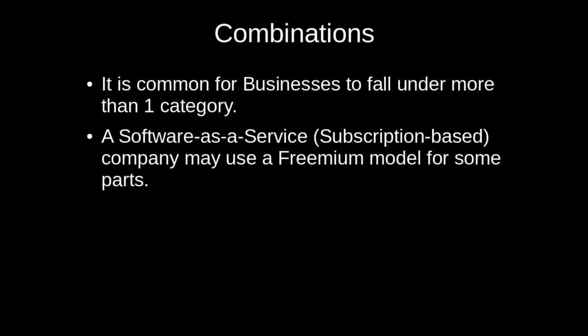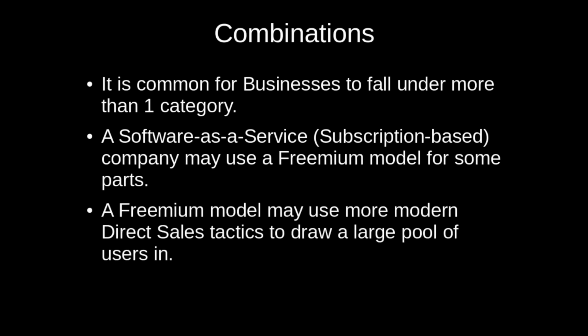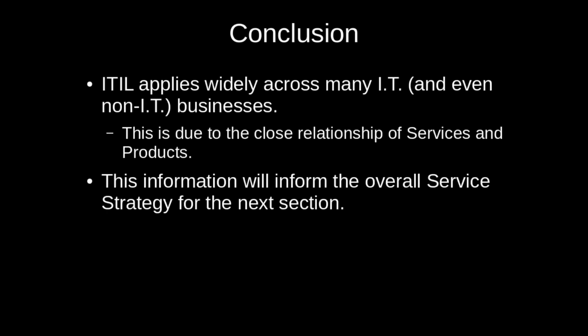So that would be a combination of a subscription based and a freemium model. And again, a freemium model may use more modern direct sales to go out and bring people in from the free side to using the premium available services.